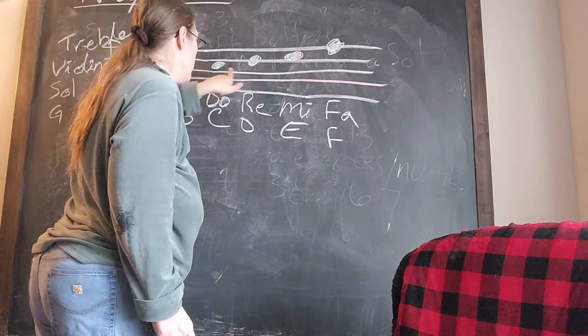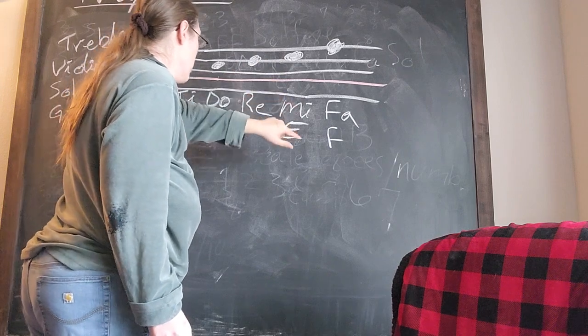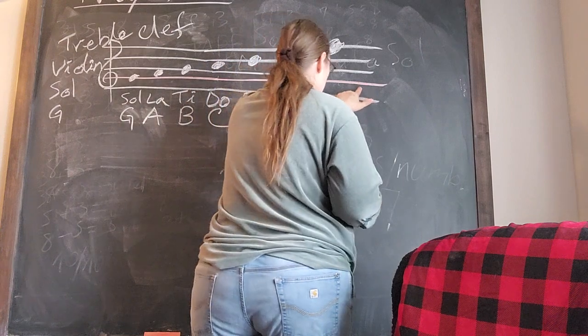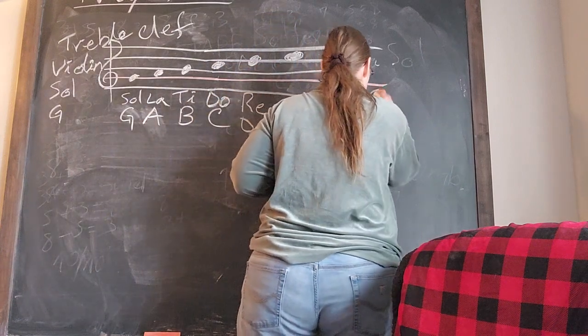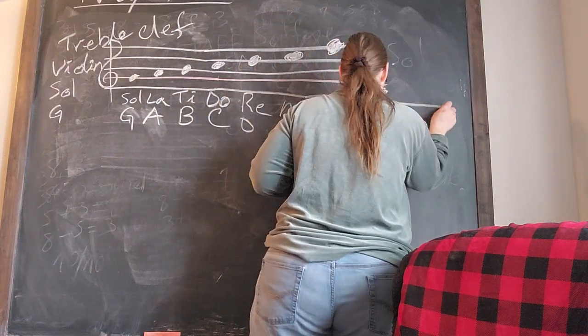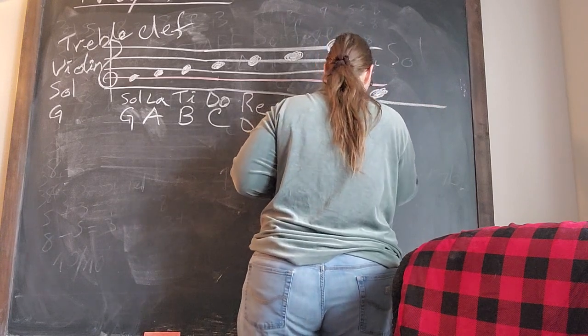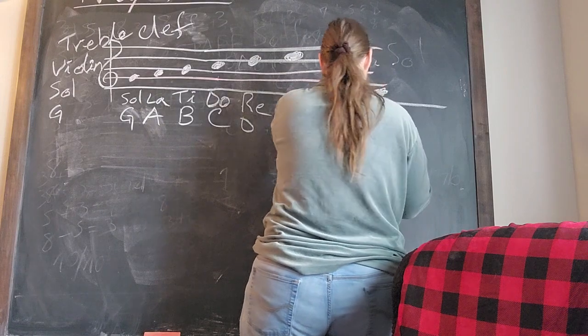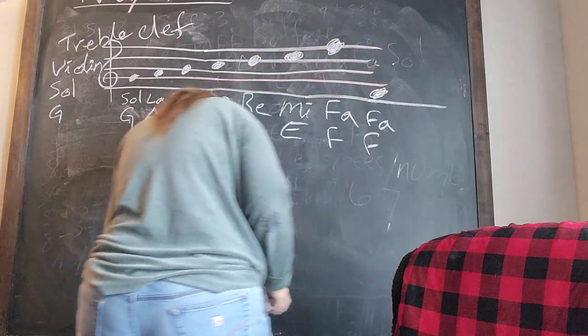Coming down is how you'd read these lower lines. So this would be fa here on this line. And again, this would be the pitch F.